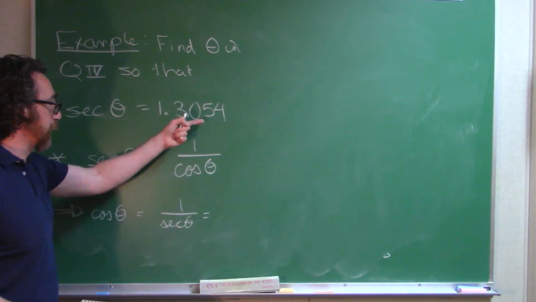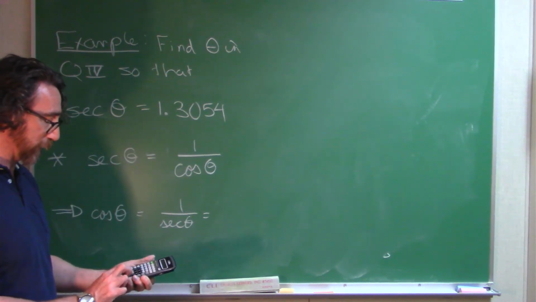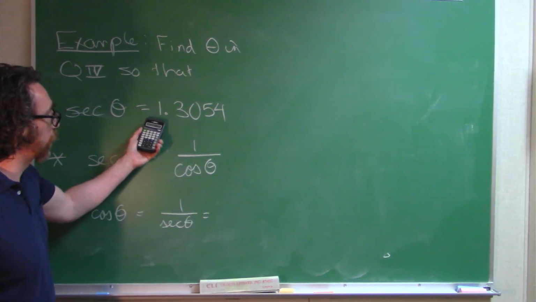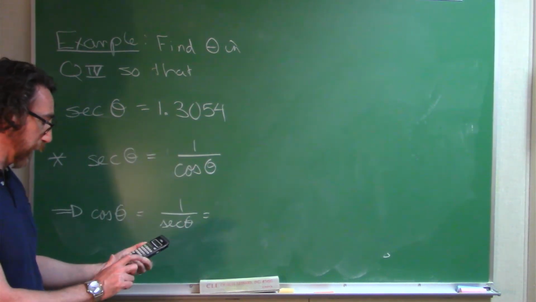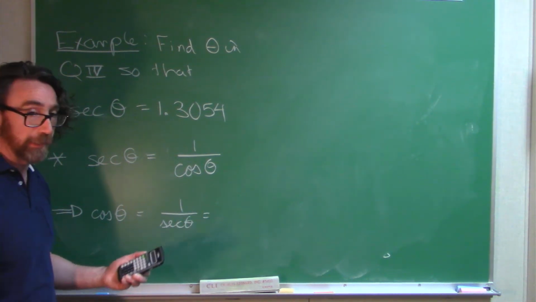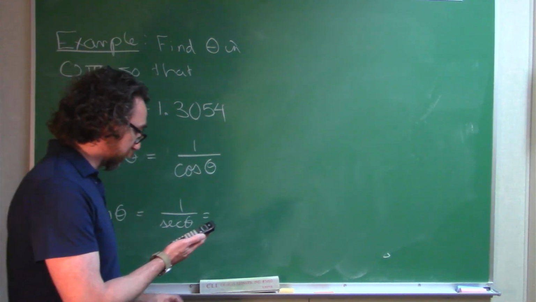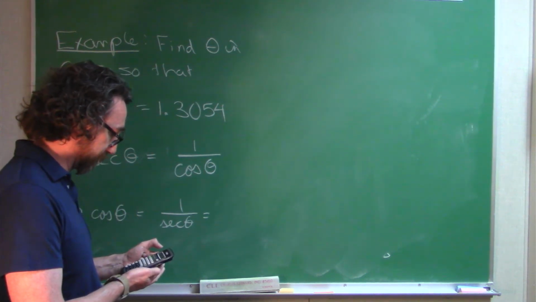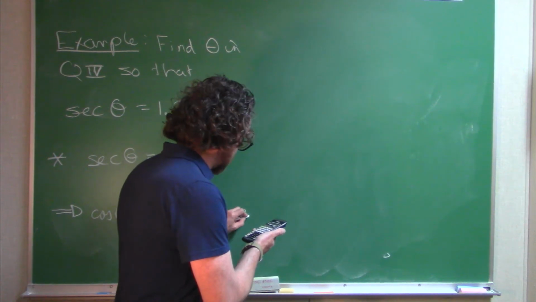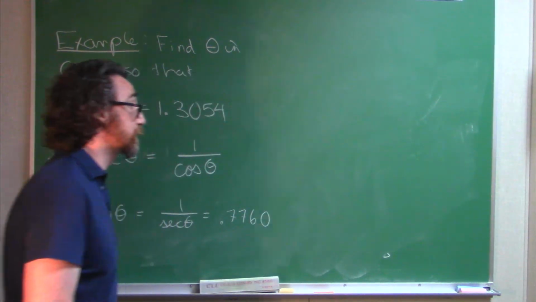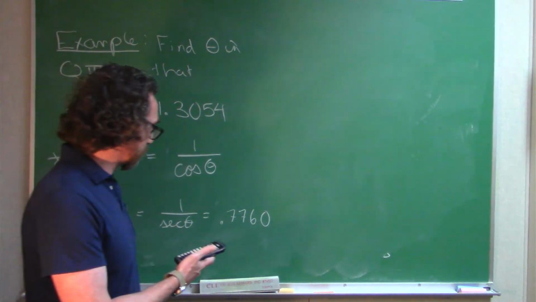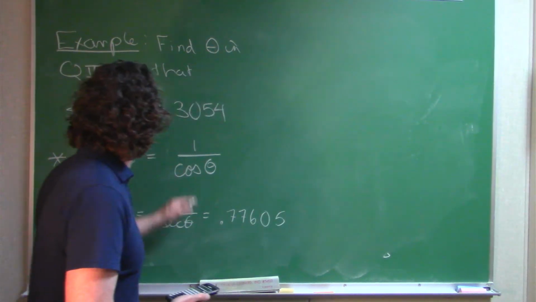If they tell me secant theta is this, I can use my calculator and figure out the reciprocal. So I put in the 1.3054, and this calculator has a reciprocal button, 1 over x. Okay, so 0.7760 to 4 significant figures. Guess maybe we could take 5.